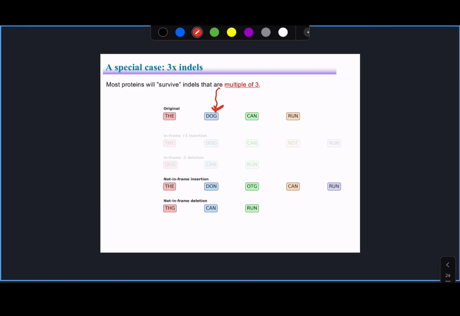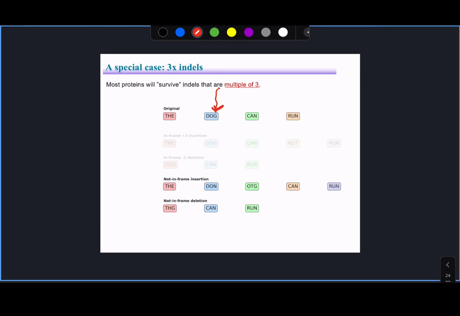A not in-frame deletion, let's say that we take out EDO, leaves us with tug can run. Again, I didn't quite get that, but there's something that can run. Super cartoonish, but you guys see the point?